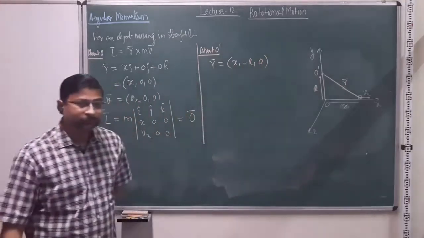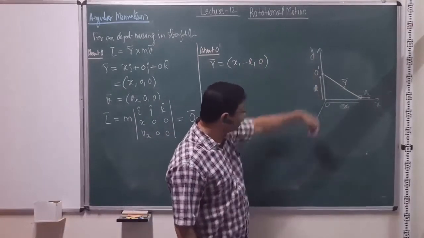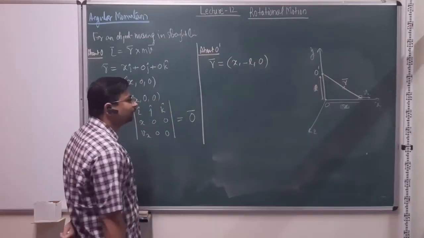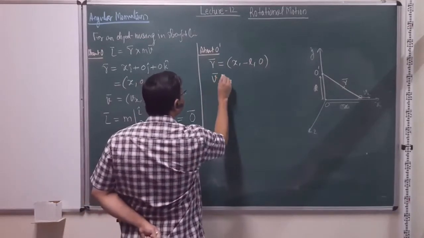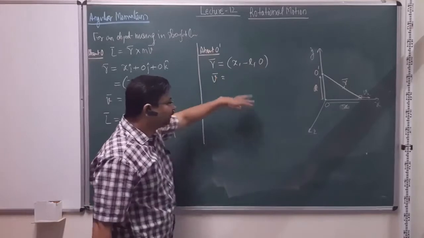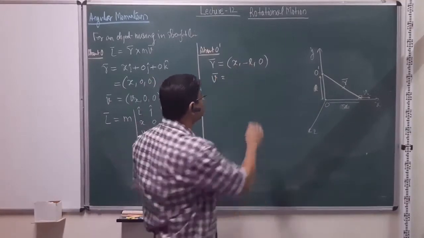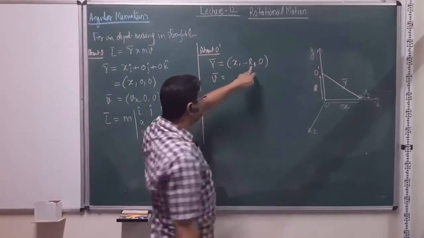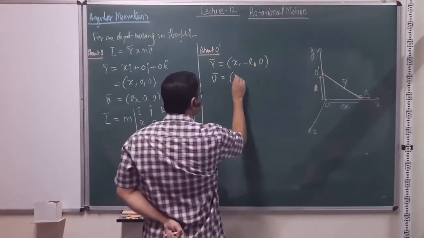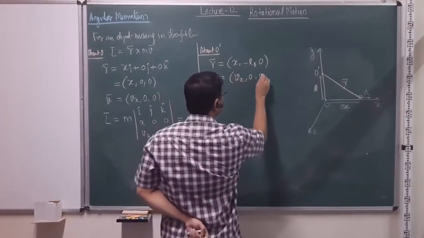If this is the origin, then this is the negative y axis. And v we can find by simply differentiating these components, and since L is a constant, that term goes to 0, so it's still vx, 0, 0.